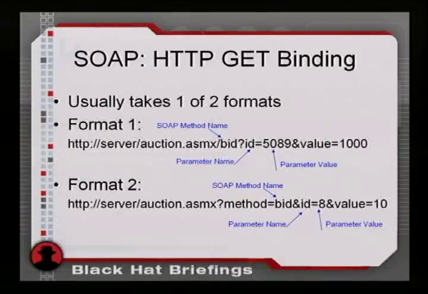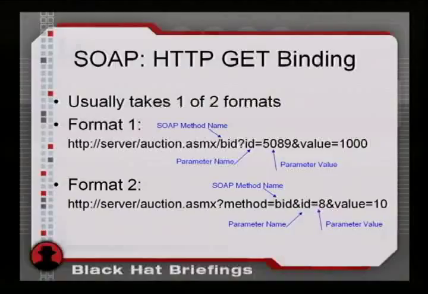So for example, if we wanted to use the get binding, this typically takes one of two forms. So in this example, we have a file called action.asmx. There's a method in that file called bid. It has two parameters, one called ID and one called value. And so this would make a bid in the amount of $1,000 for the item 5089.